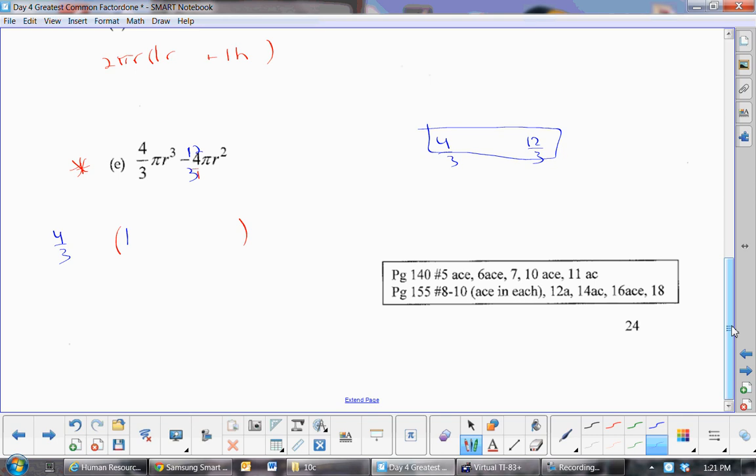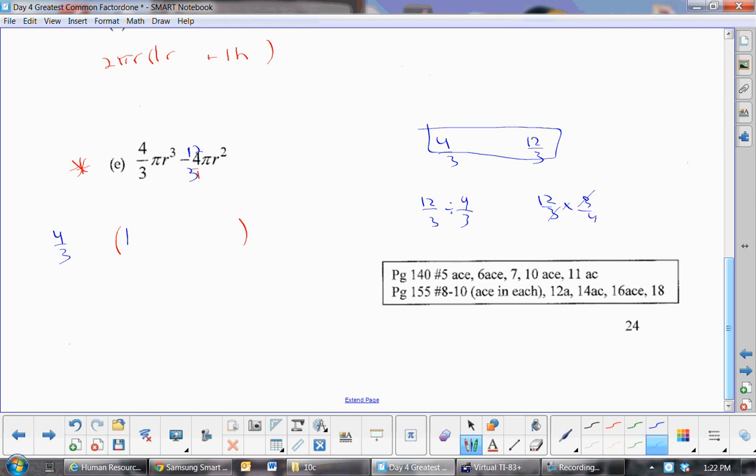Okay, so if you... What happens when you take... oh, yeah, so it would be... If you take 12/3, you guys, and you divide by 4/3, which is the same thing as 12/3 times 3/4.